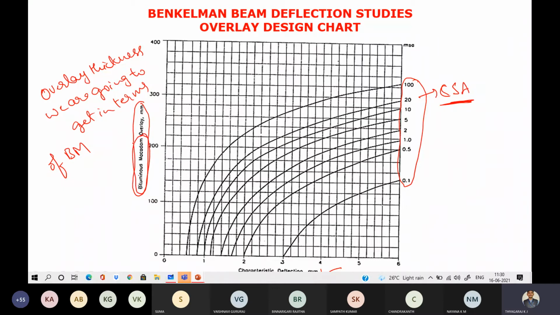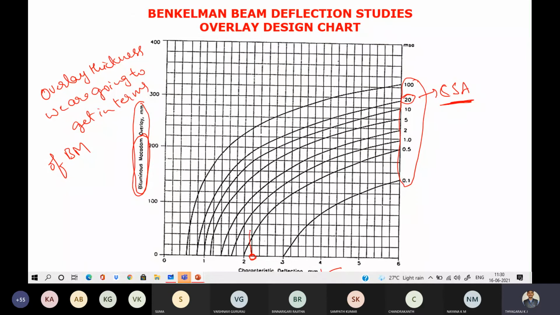Now tell me, what is our deflection value and what is our traffic value? Deflection value is 2.2. So 2.2, 4, 6, 8, 10. This is our deflection value. The traffic value we have got is 20.1 MSA, so this curve we have to consider.